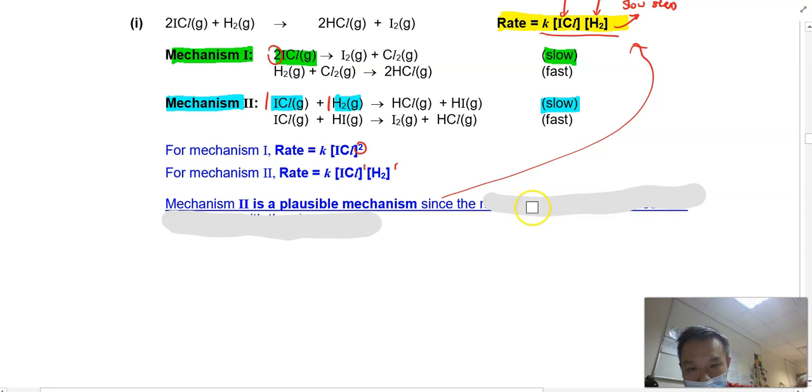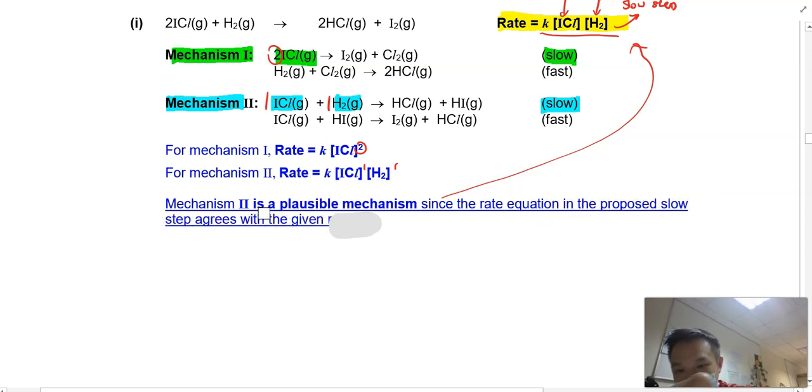So mechanism 2 is a plausible mechanism because the rate equation in the proposed slow step agrees with the given rate law. Keyword: rate equation in the proposed slow step agrees with the given rate law. This is how you show your working. If not, we move on to part 2.